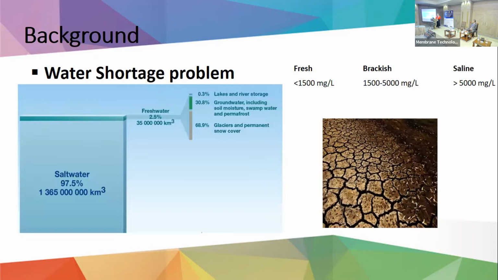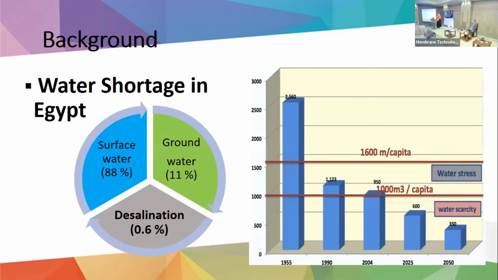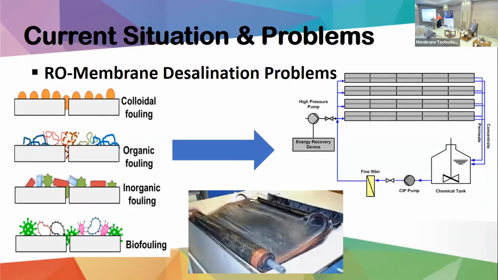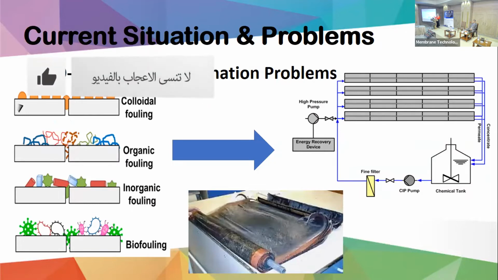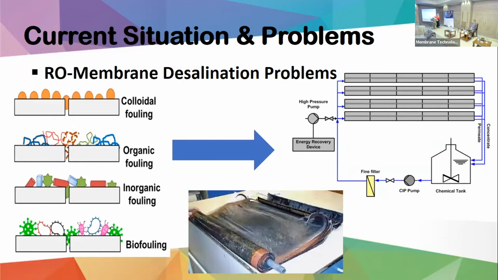All of us know that our country has water shortage and a high need for desalination, as illustrated many times in yesterday's presentations. So we go to our membrane desalination problems: the fouling problems and the chlorine attack, and both problems are correlated with each other.